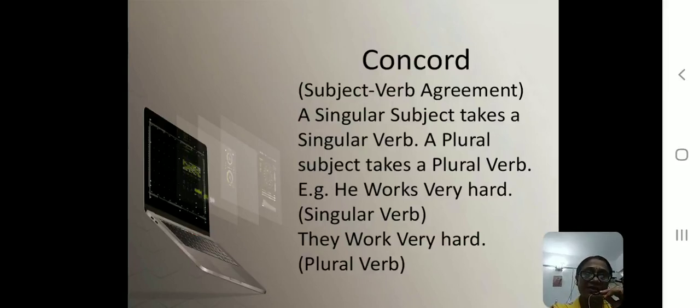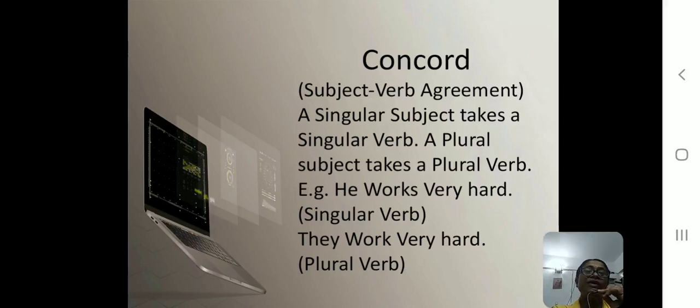For example, you must have noticed that a singular subject takes a singular verb, and a plural subject takes a plural verb. For example, he works very hard, singular verb. He is a singular subject, and that's why we have to use here works, that is a singular verb.